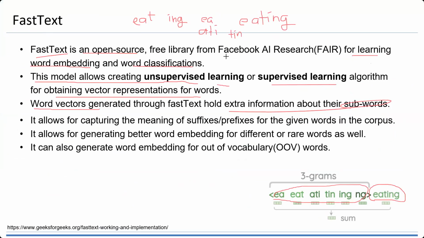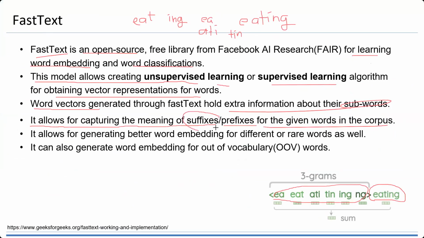So these are the subwords. And based on these subwords, we can create what is the most possible next word. It allows for capturing the meaning of suffix or prefix for the given words in a corpus.